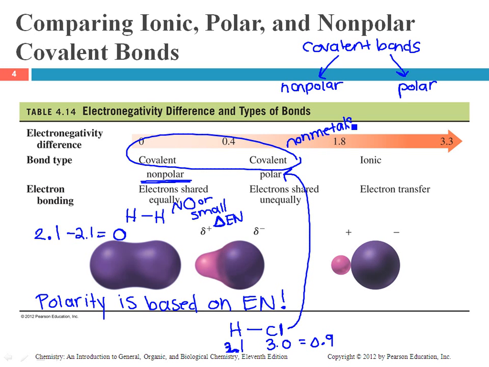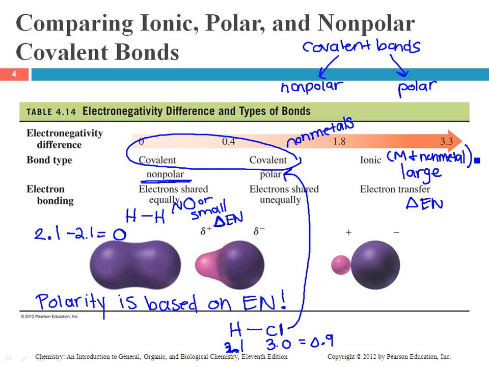So no difference in electronegativity is a nonpolar covalent bond. If we have a small or intermediate difference, then it is a polar covalent bond. And if we have an ionic bond, then we have a large difference. Remember, ionic is a metal and a nonmetal. This makes sense.